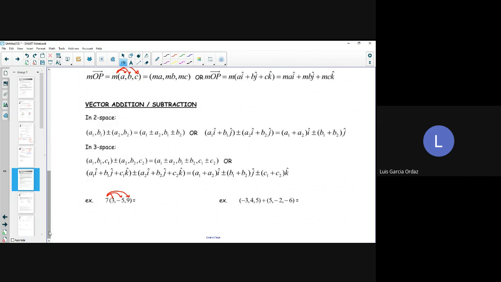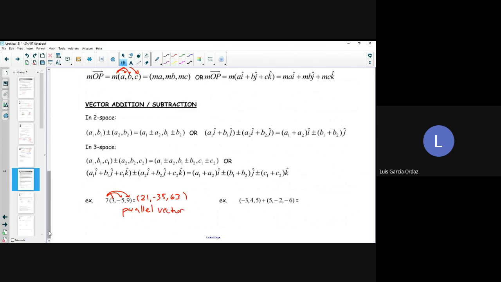It's like the distributive property without the algebra. (21, negative 35, negative 63). Thank you. So this would be a parallel vector because it's just a scalar multiple of the original one.